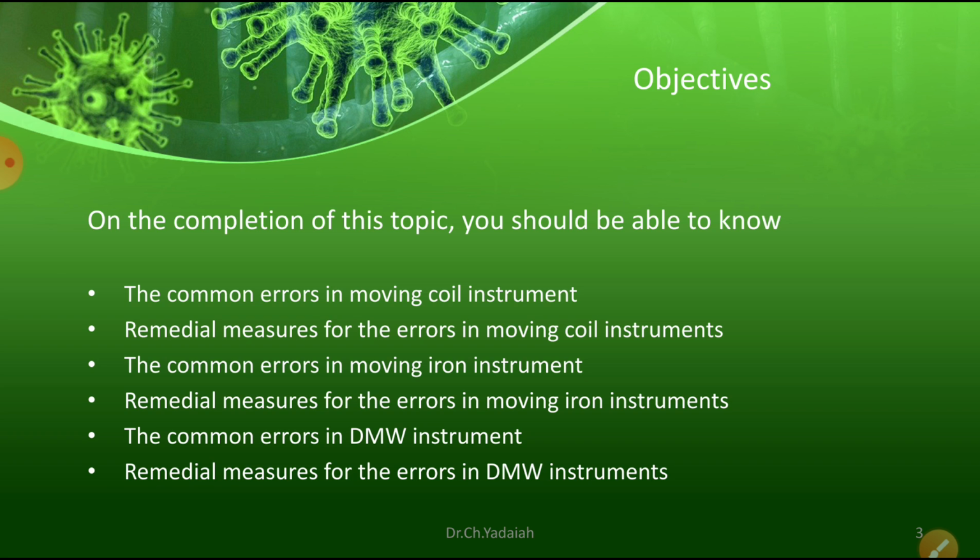And aging error. After continuous usage of these meters, we know that if you are using the moving coil instrument, there is a U-shaped permanent horseshoe magnet. Initially, the horseshoe magnet has a good intensity of magnetic field. After continuous aging for some years, this magnetic field may decrease. This may lead to less deflecting torque.